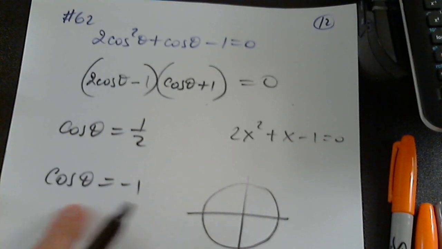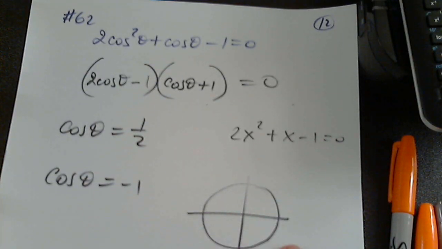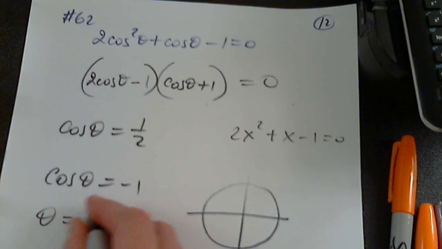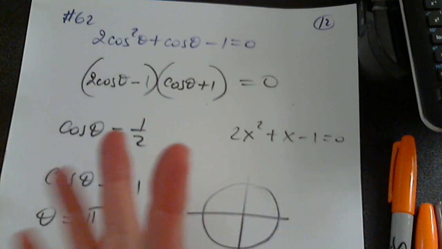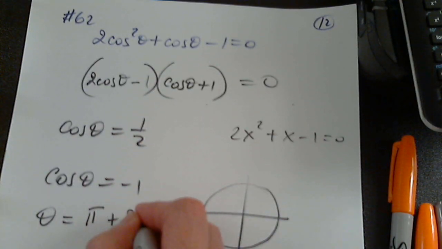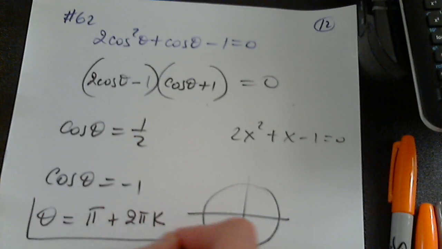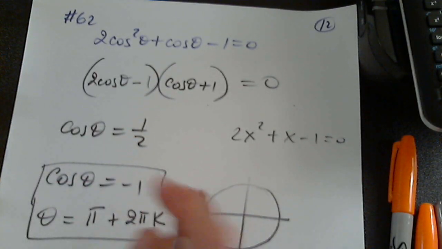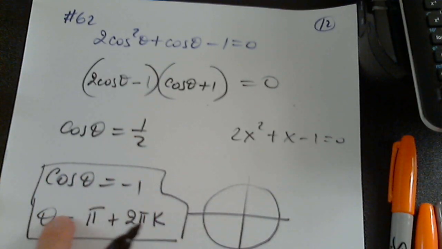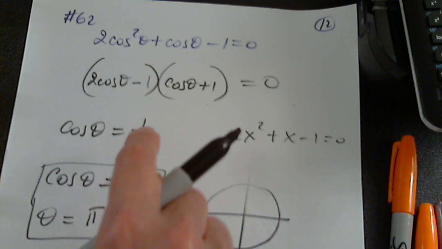Where is cosine negative 1 on the unit circle? Cosine is, yes. So pi, and if it's asking us to present all solutions, I will write plus 2 pi k. This equation has this solution. Now this one.